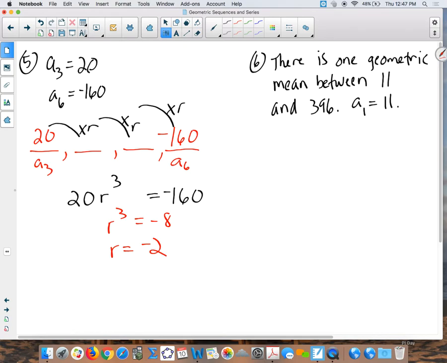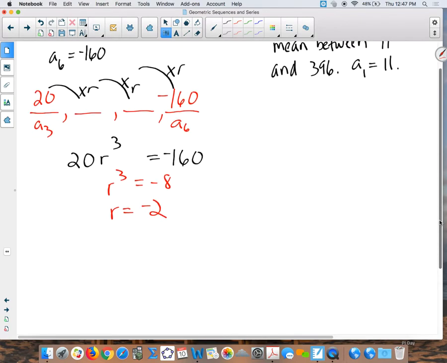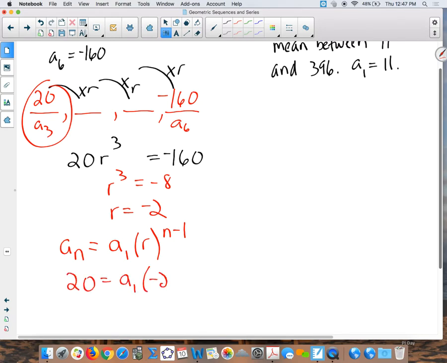So now that I know r, I can actually find my a sub 1. And to find a sub 1, we're just going to go back here and use our general formula. If a sub n equals a sub 1 times r to the n minus 1, I'm going to use the fact that a sub 3 was 20. So 20 equals a sub 1 times r, which was negative 2. And again, because I'm using a sub 3, n is 3, which means we're going to raise that to the 2nd power. A sub 1 will turn out to be 5. Okay?